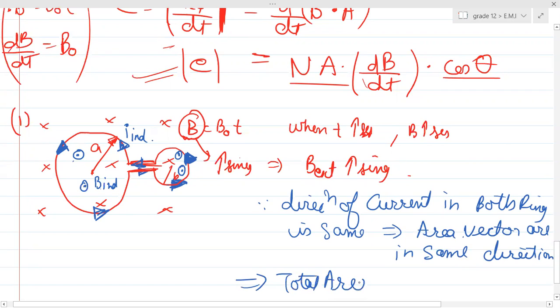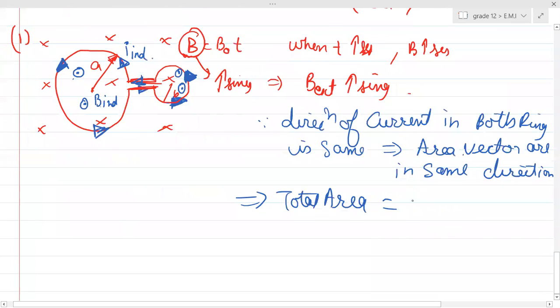So when I'm writing, the total area will be pi a square plus pi b square. So this will be the total area. Since the direction of area vector is same, current was in the same direction. Hence, this was the case. Now phi B will be basically equal to what? The n, the number of turns, is 1.